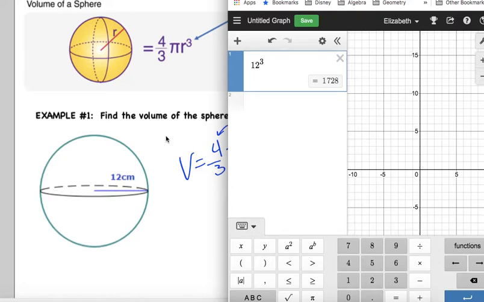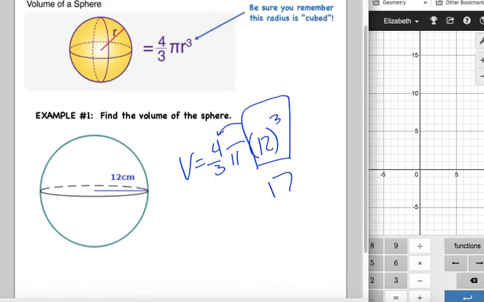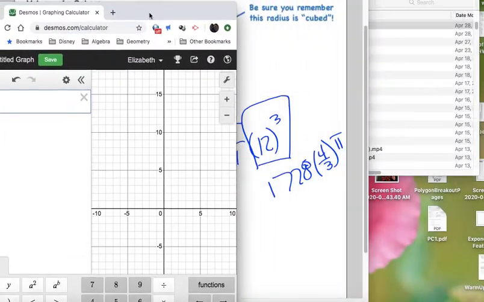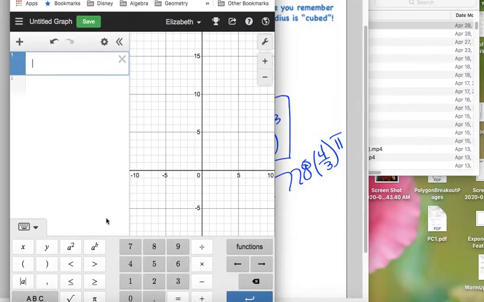So 1,728. And that is the number that I am going to be multiplying by 4/3 and then by pi. I lost my number. 1,728 times 4 divided by 3, and then pi.